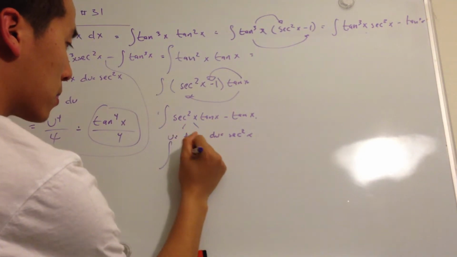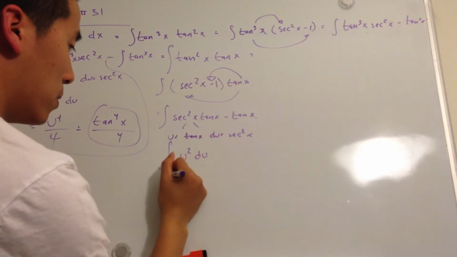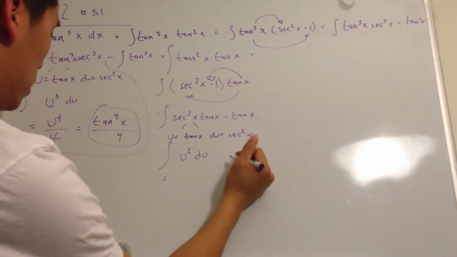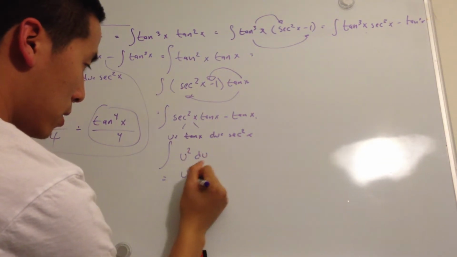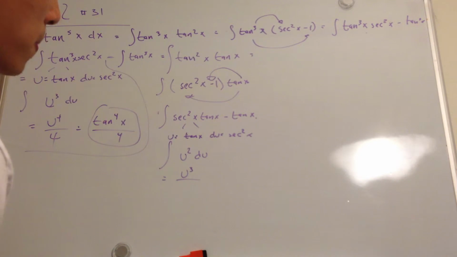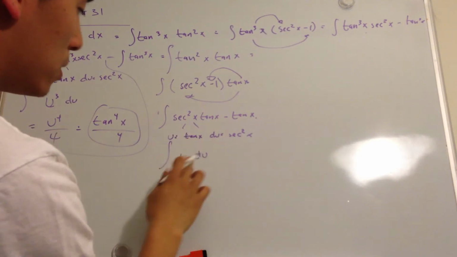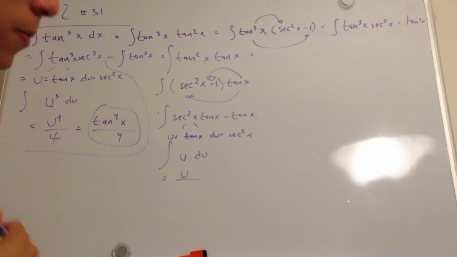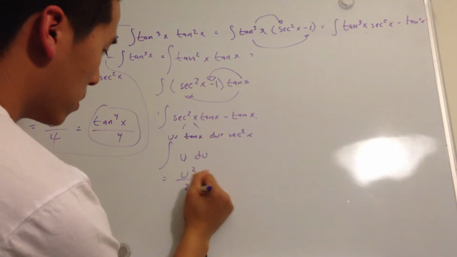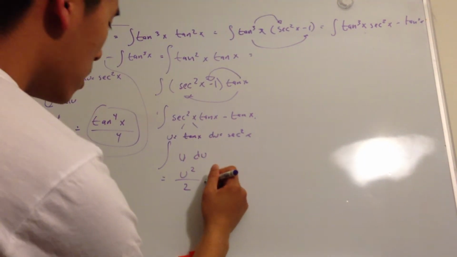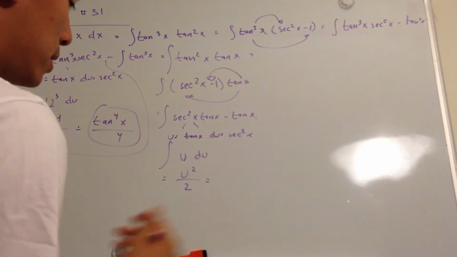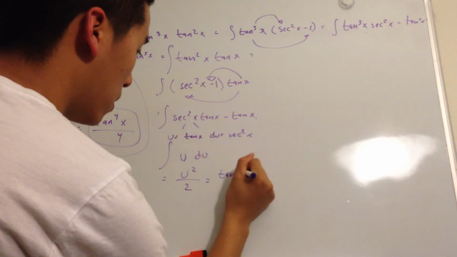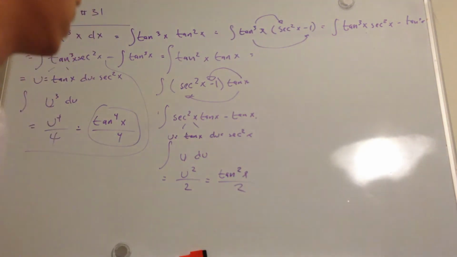That gives us the integral of u du. Oh wait, no, it's just u, excuse me. So the integral of u du is u squared over 2. Let's put it in terms of tangent. So tangent squared x over 2.